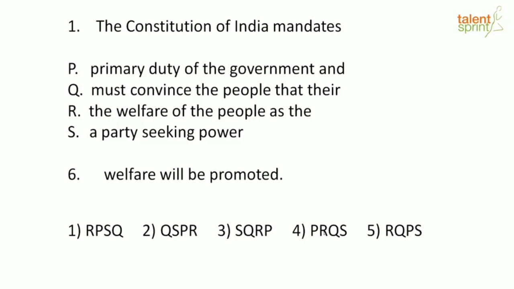The first one that we have is "The Constitution of India mandates". That's the topic part given to us, and then the parts in between, P, Q, R and S, are jumbled, and then we have the closing part, "welfare will be promoted". There are various strategies you can apply to a pattern like this.